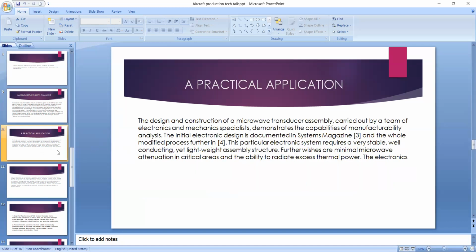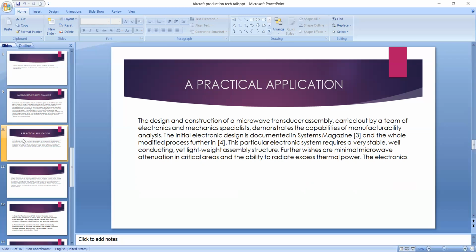A practical application. The design and construction of a microwave transducer assembly carried out by a team of electronics and mechanics specialists demonstrate the capabilities of manufacturability analysis. The initial electronic design is documented in a systems magazine.